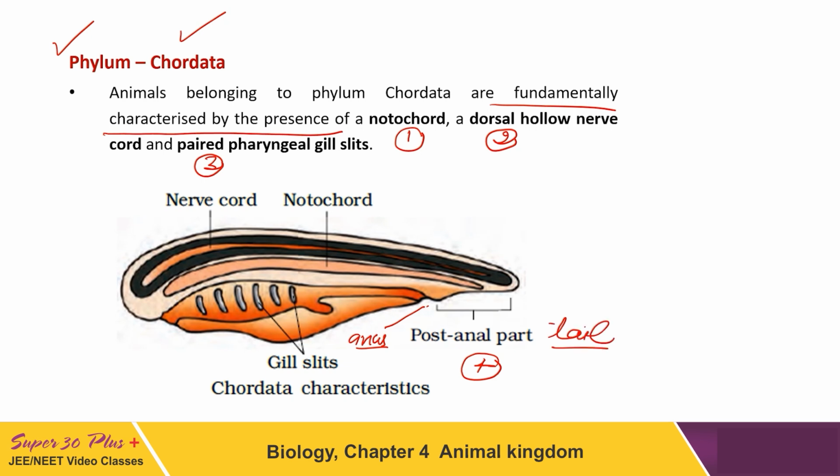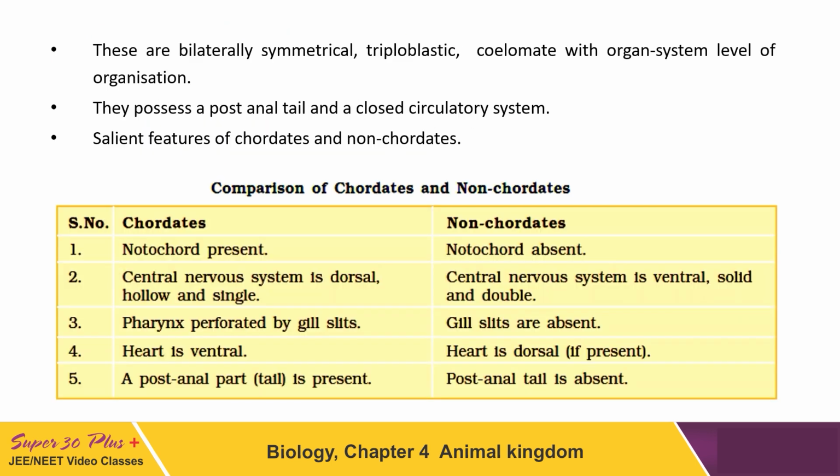So: notochord, dorsal hollow nerve cord, paired pharyngeal gills, and post-anal tail. These are the 4 characters. I give 5 stars, 4 stars to this. This important question has come many times in NEET examination.